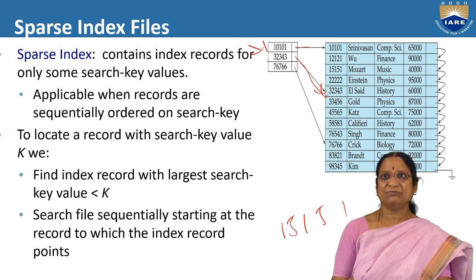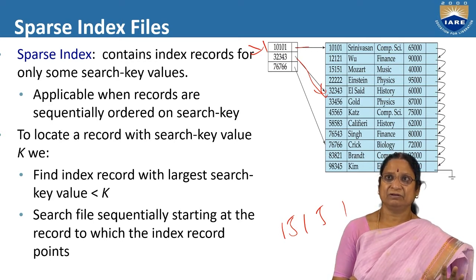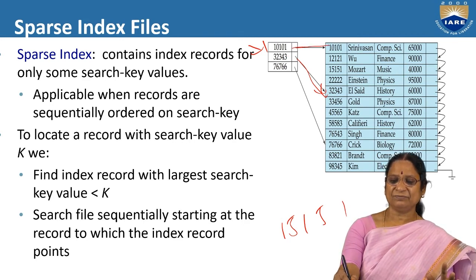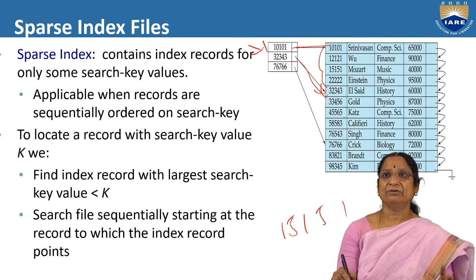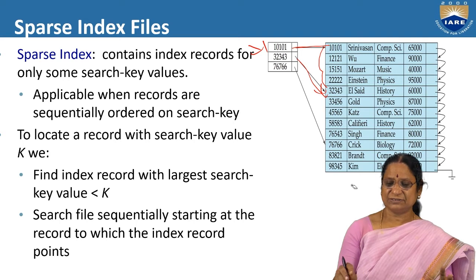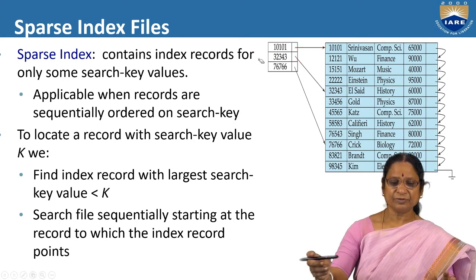Is it less than 151? Yes. The next record in the index file is 32343, and it is greater. So this must be in between these two. So I start at the previous value and search in a sequential manner. If it occurs, the search is successful; otherwise the search is unsuccessful.